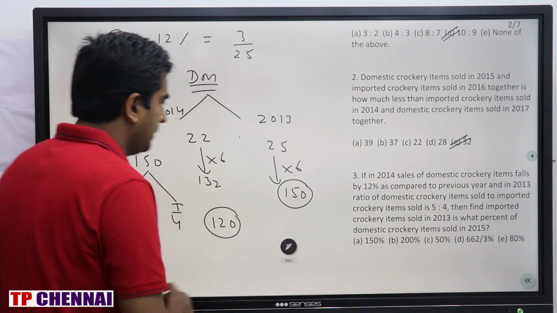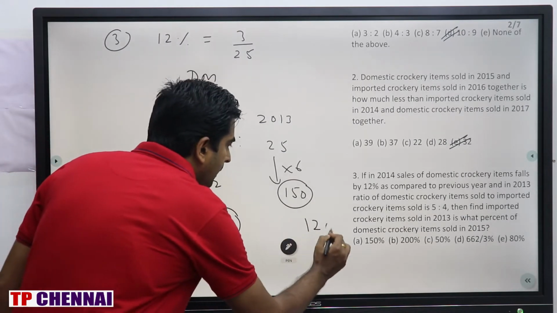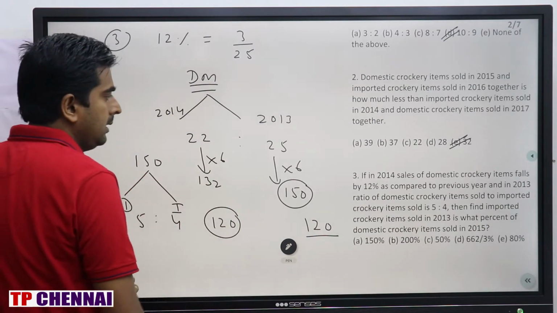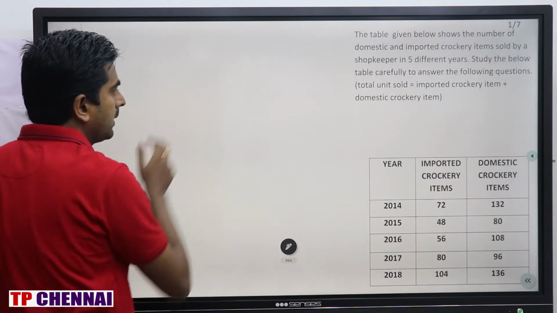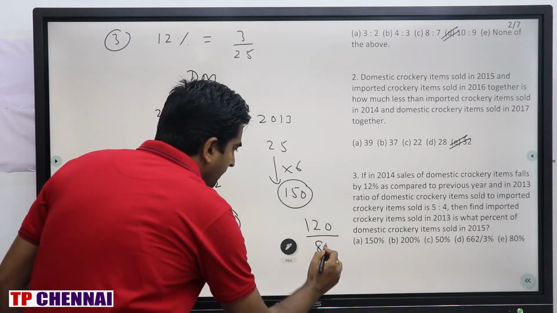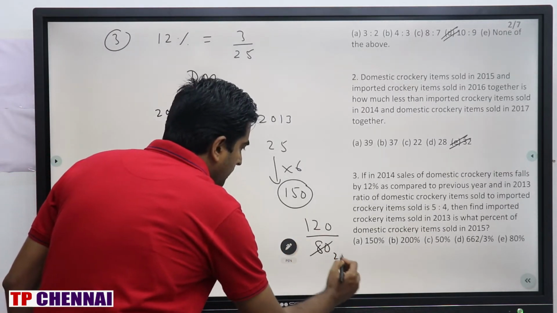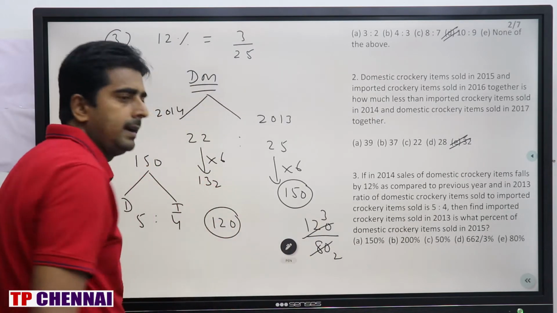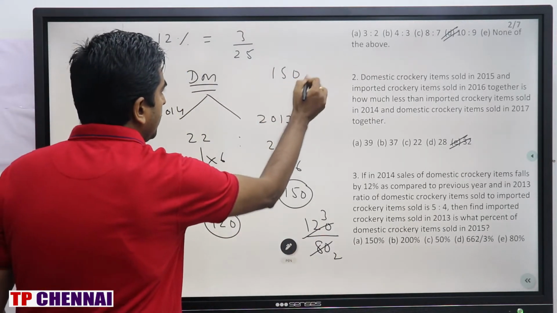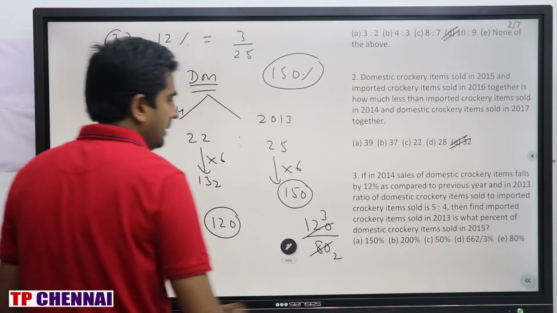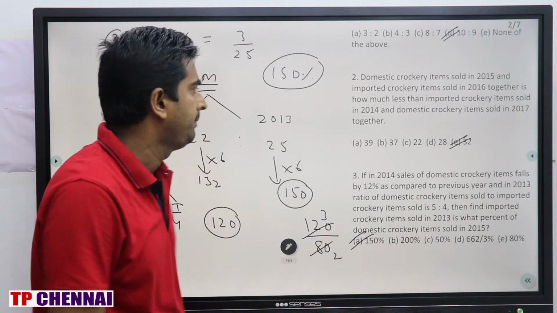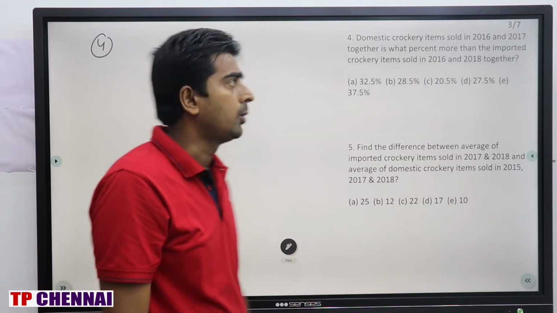Find imported items in 2013: 120 is what percent of domestic crockery items in 2015? Domestic 2015 is 80. 1/2 is 50%, 3/2 is 150%. What is the answer? 150%, first option. Clear? Now we see question number 4.